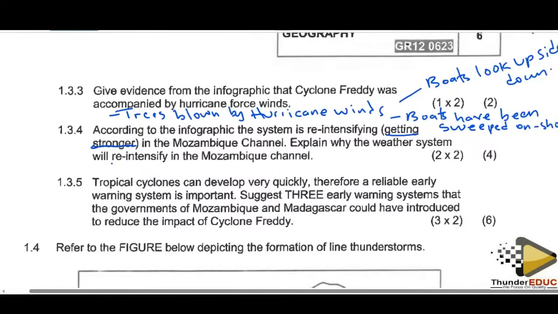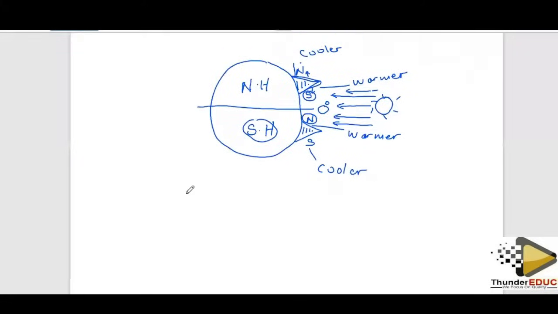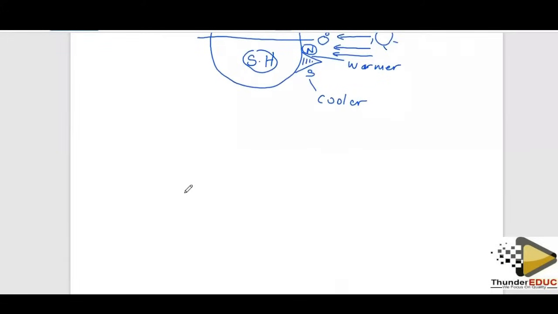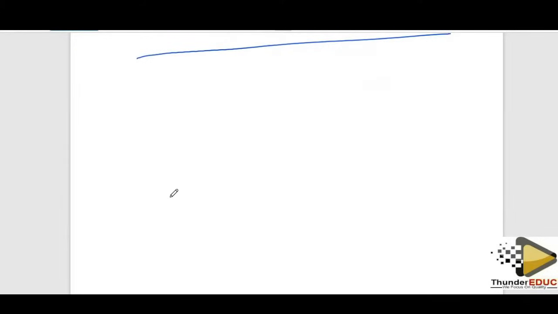Let us try to see which one is Mozambique channel. Let's go back to our blank page here. If I can draw the sketch map of Southern Africa here. Somewhere here we have Madagascar.